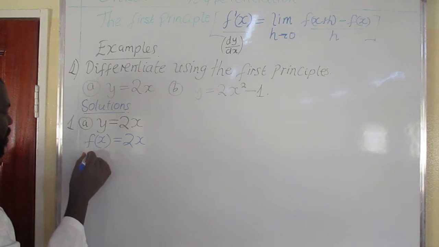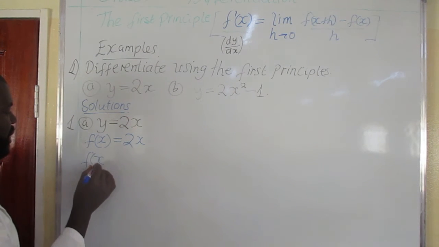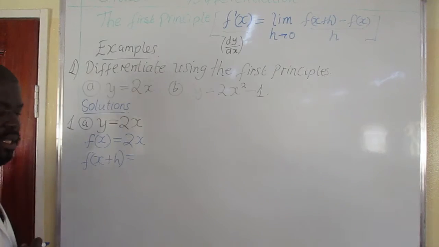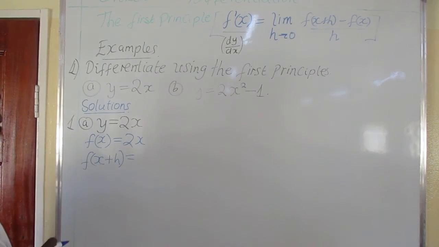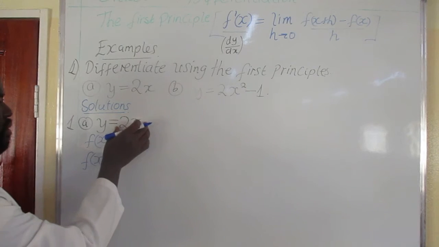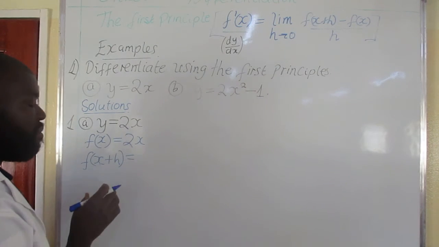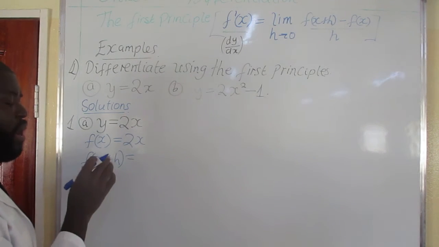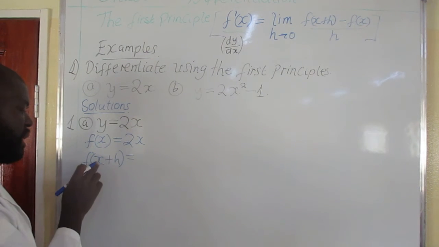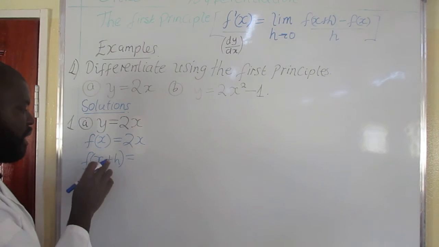Let's now look at the other quantity. We have f of x plus h. Where do we get this quantity? We get this quantity from the original function by substituting wherever we have x, we put x plus h.